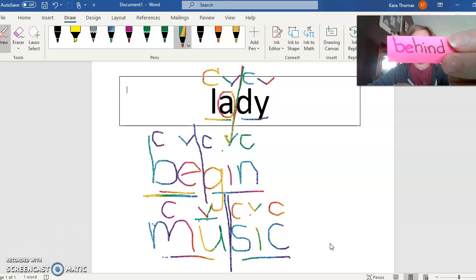Behind, behind. Beside, sofa. Lady, shady.